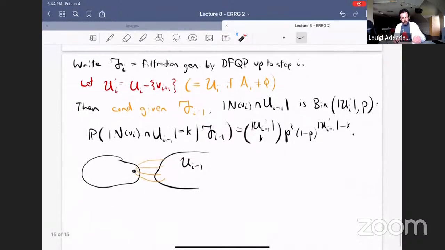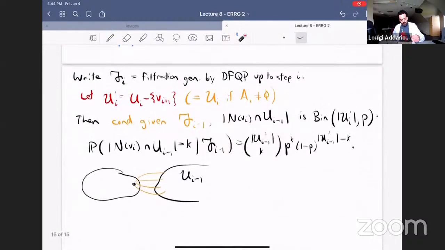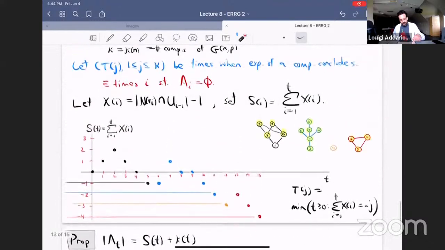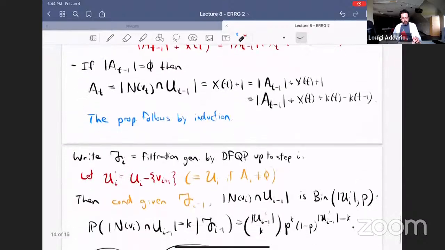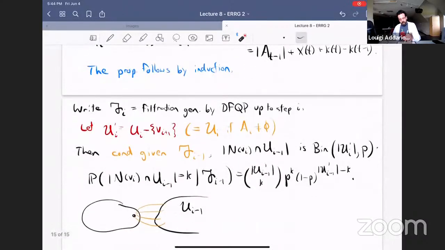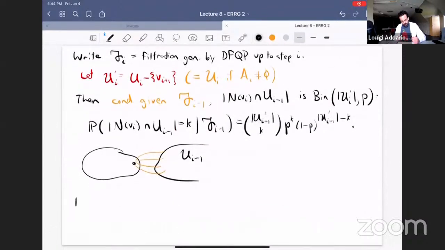Okay, so that's telling us about the distribution of these steps X, right? Because X was just this size minus 1. And now we're saying that that's basically just a binomial subset of the remainder of the graph. And so heuristically, at least, that suggests how the process is going to evolve.